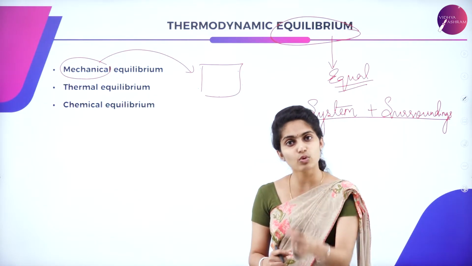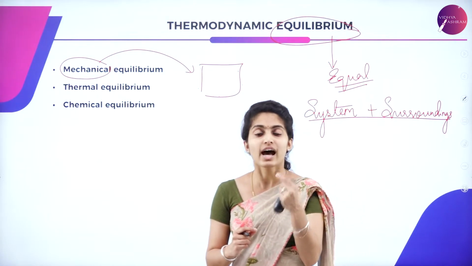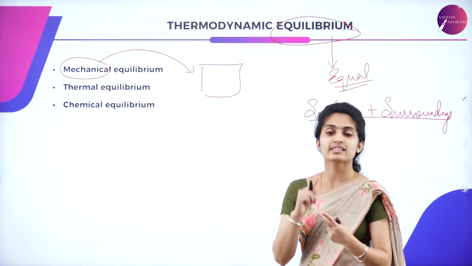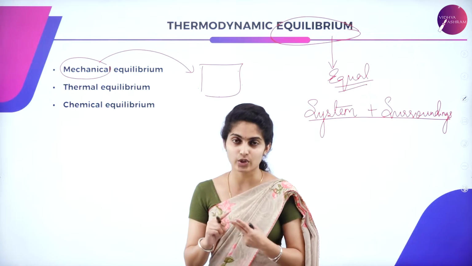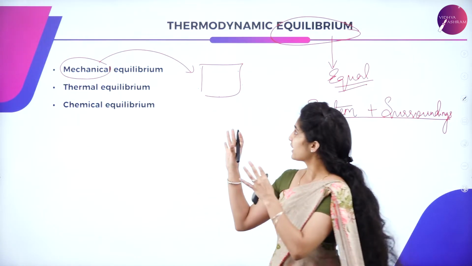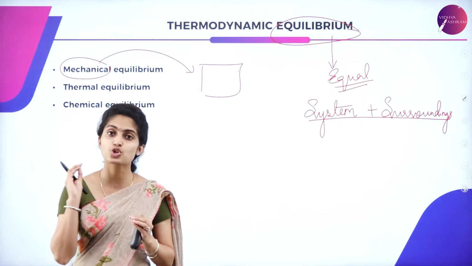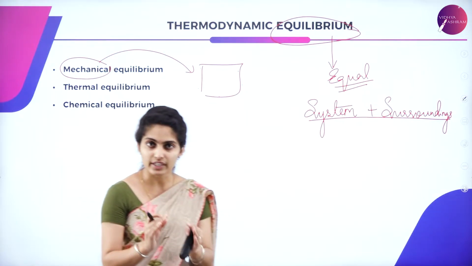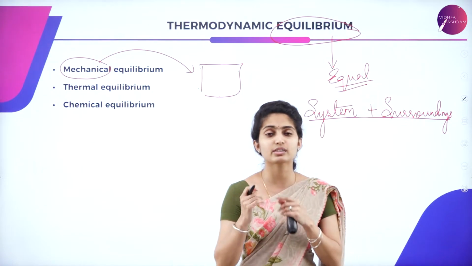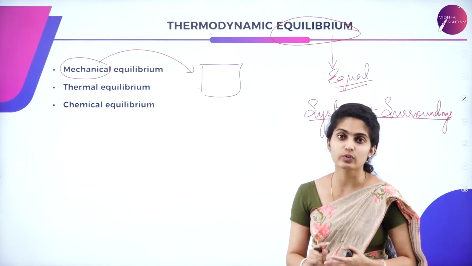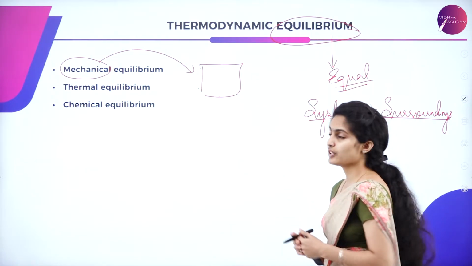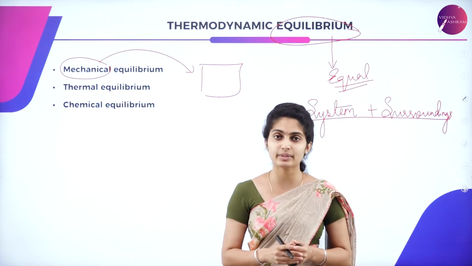Work is nothing but the force exerted. So the force acting on the system and the surroundings should be equal. Wherever at any part of the system the force acting should be balanced and not unbalanced, you can say the system is in mechanical equilibrium. That is all about the first point, mechanical equilibrium.